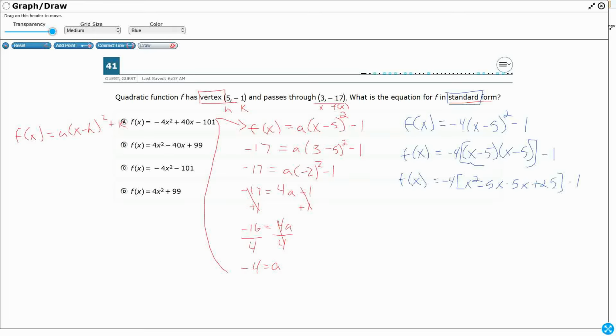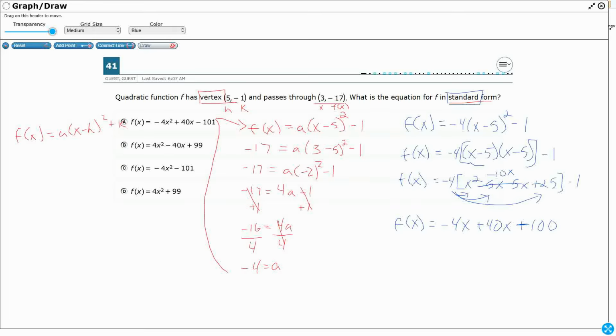Now I need to distribute this negative 4 to all of these terms. I'm going to go ahead and combine this to negative 10x to make it simpler. And then I'm going to get what I need. Negative 4x squared. Negative 4 times negative 10 is going to be positive 40x. Then I've got negative 4 times positive 25. That's going to give me plus 100. Actually, it's going to be negative 100.